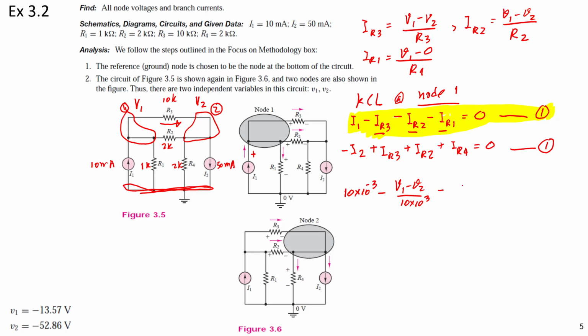And then minus IR2, V1 minus V2 divided by R2 which is 2K, minus IR1, which is V1 divided by 1K, equal to 0. Okay, we will have V1 and V2 as unknowns.